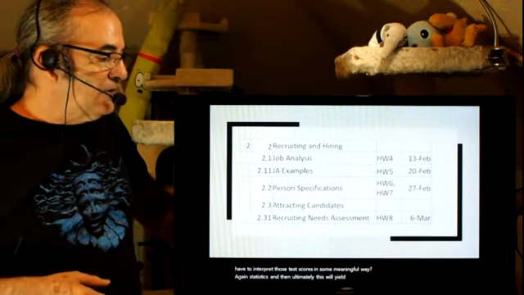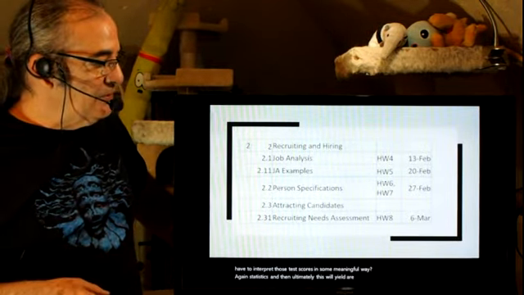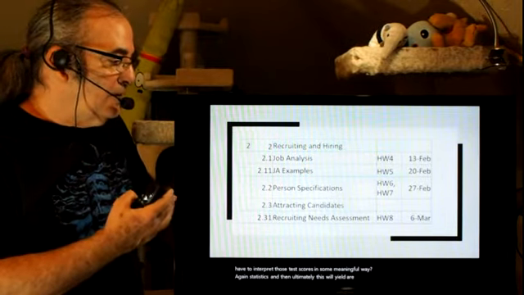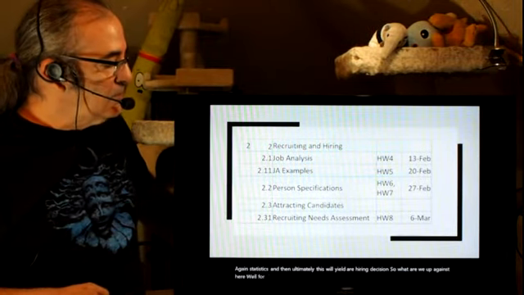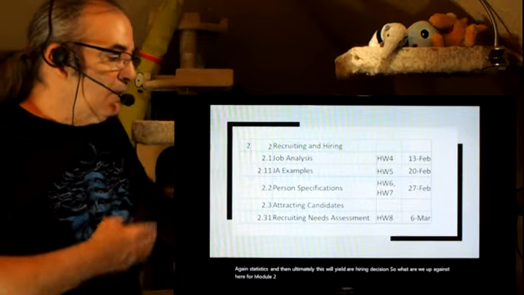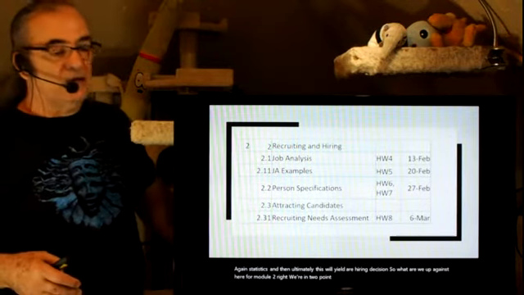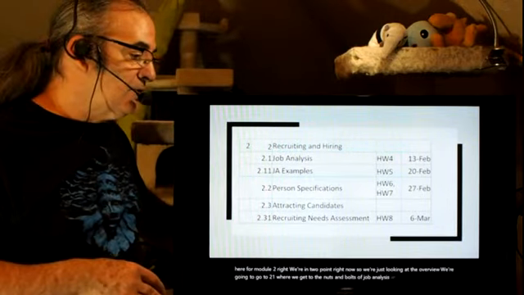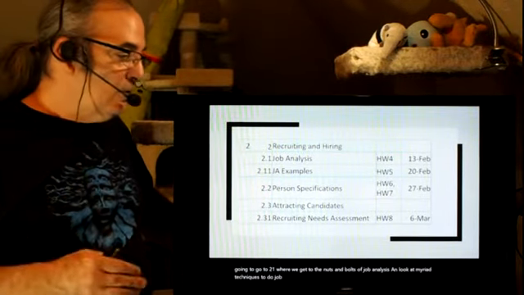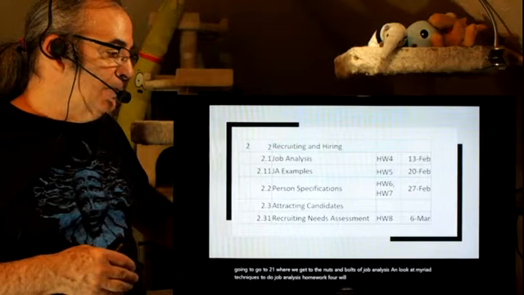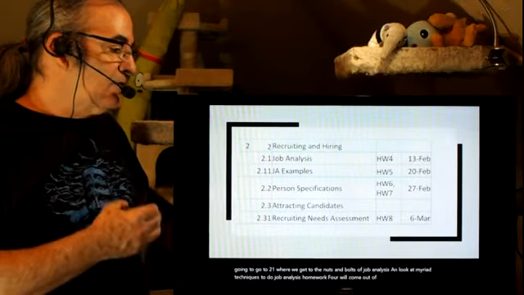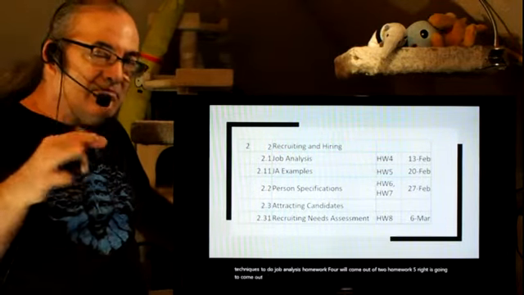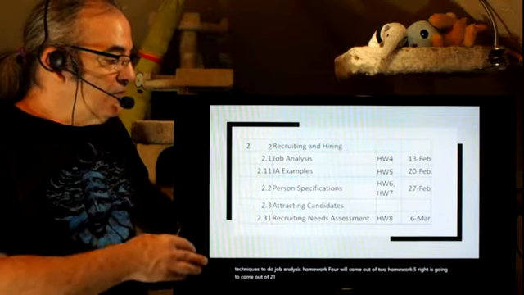So what are we up against here? Well, for module 2, right? We're in 2.0 right now, so we're just looking at the overview. We're going to go to 2.1, where we get to the nuts and bolts of job analysis and look at myriad techniques to do job analysis. Homework 4 will come out of 2. Homework 5 is going to come out of 2.11 in part, and you can see the due dates there.